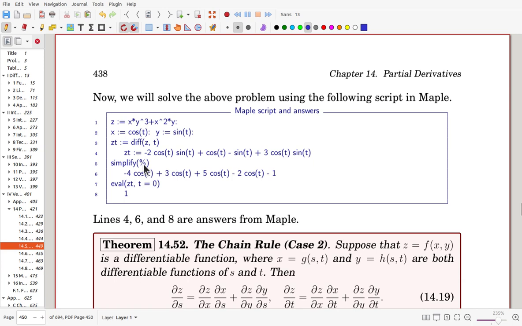The last output is simplified to get that one, and we evaluate at t equals 0, and then the final answer is 1.